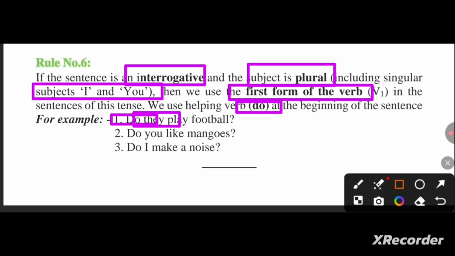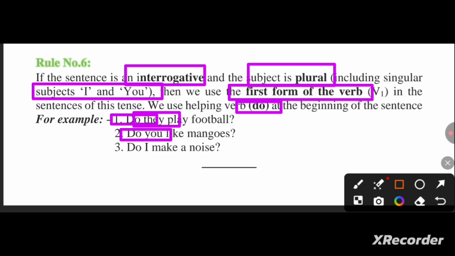In the case of the helping verb, that is do, here we have used the word do even though the subject is singular, that is you. You is also used as a plural subject, but when we use the subject you for a singular person, then we have to apply the same rules that are used for the plural subjects.